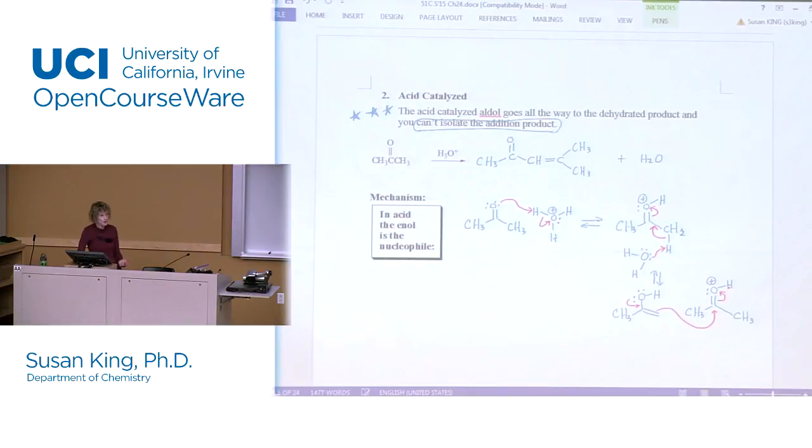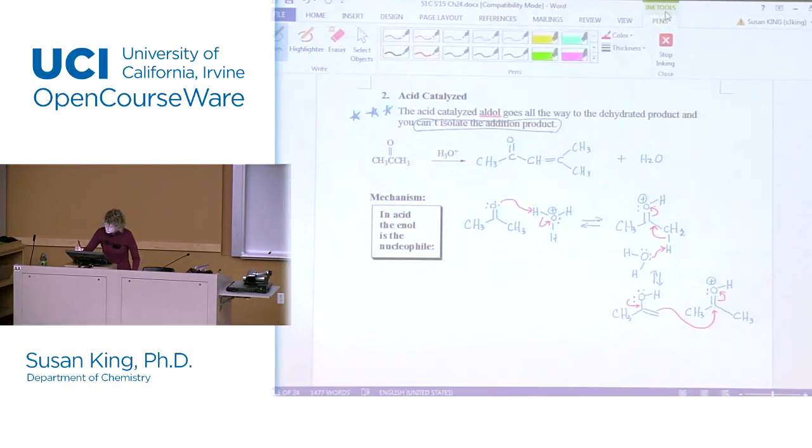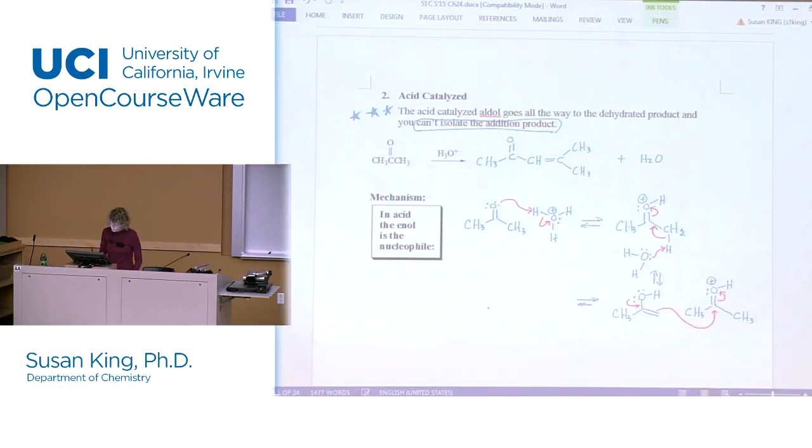So big difference with the acid catalyzed, we always attack a protonated carbonyl, and we always attack from the enol, not the enolate ion. And notice we don't have an alkoxide because we attacked a protonated carbonyl, so that's already protonated for us.